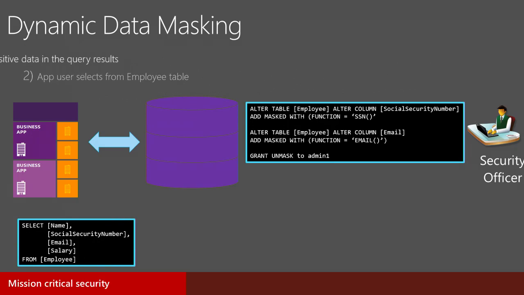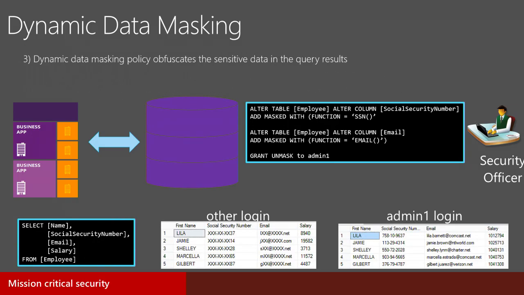So the user grabs the stuff from the table, and your other login will obey those masks. So you've got the social security number column. Your login that's seeing the masked values just gets a couple of characters at the end. The rest is masked out with rubbish. And the same with the email one. But your admin 1 is actually seeing all of the data.